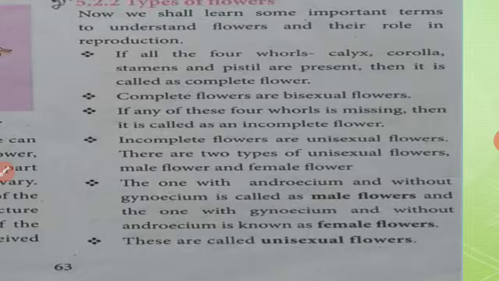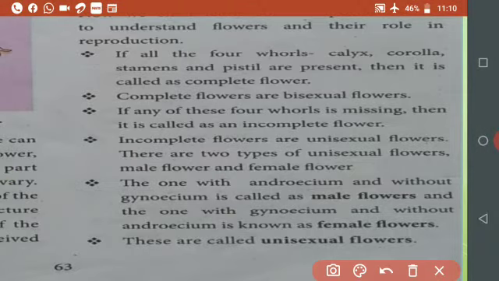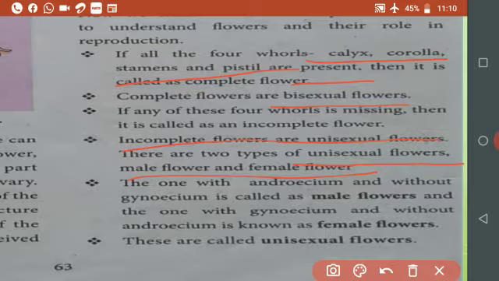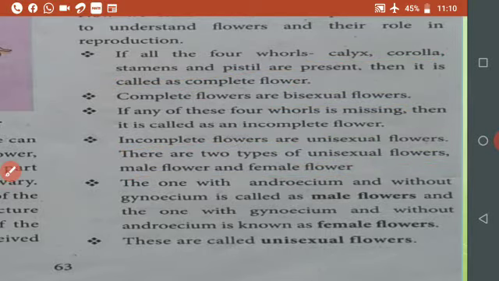Once again, a complete flower has calyx, corolla, stamens and pistil, and in an incomplete flower, any one of the things will be missing. Complete flowers are called bisexual flowers.